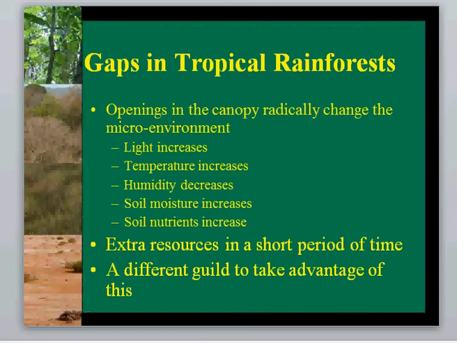Now the soil properties change as roots are no longer competing for nutrients and moisture, and so temporarily at least the soil moisture and the soil nutrients will increase. Okay, so that increase in light and that increase in soil moisture and nutrients means that for a short period of time where there is a gap in a rainforest, there is extra resources.